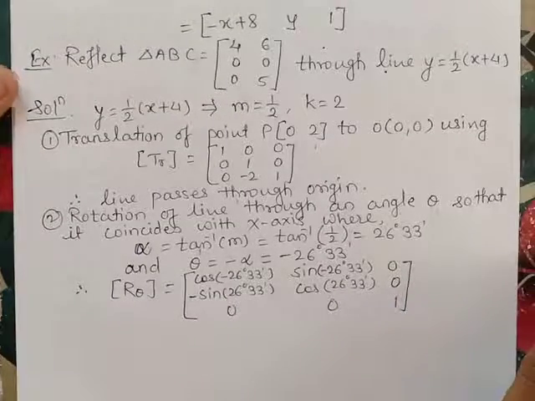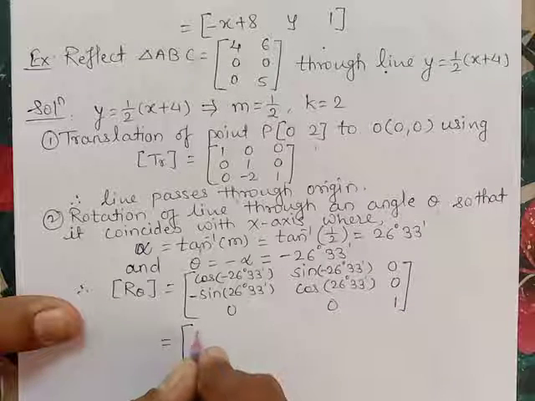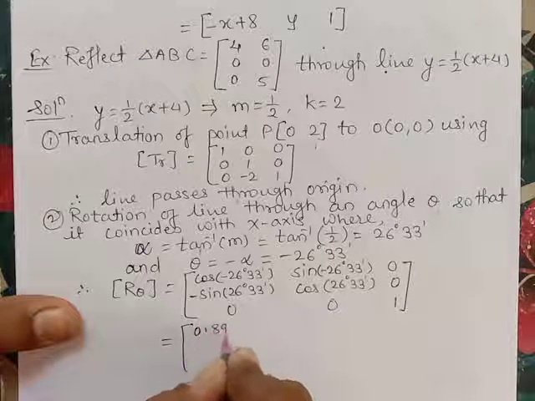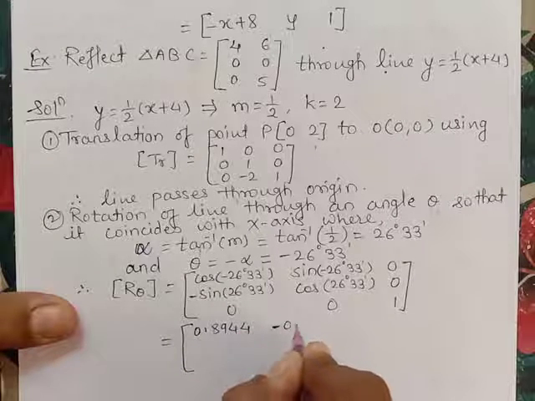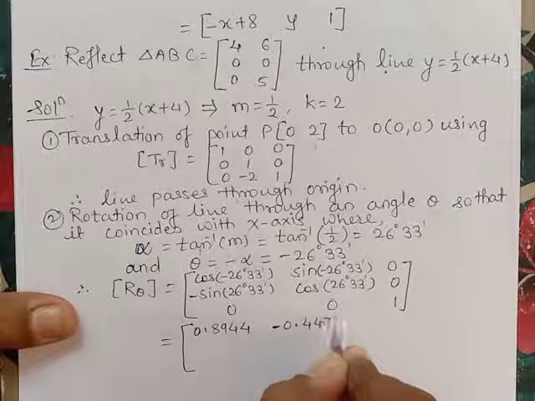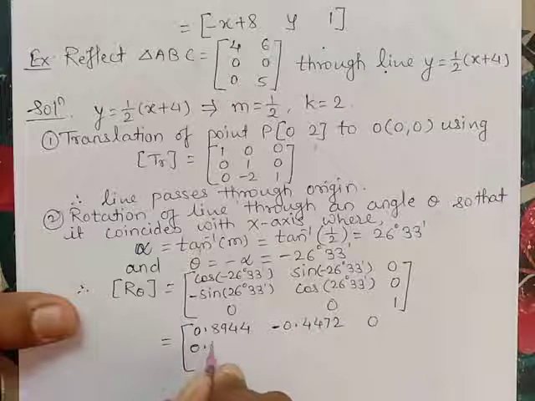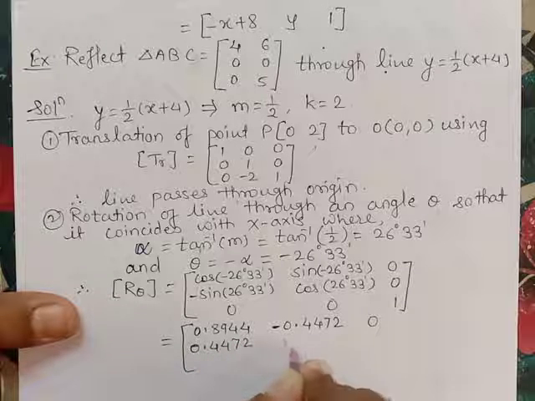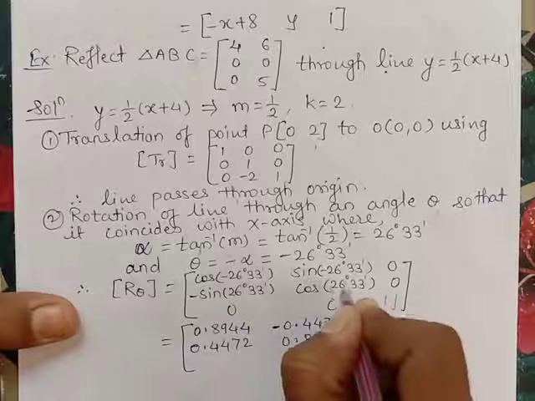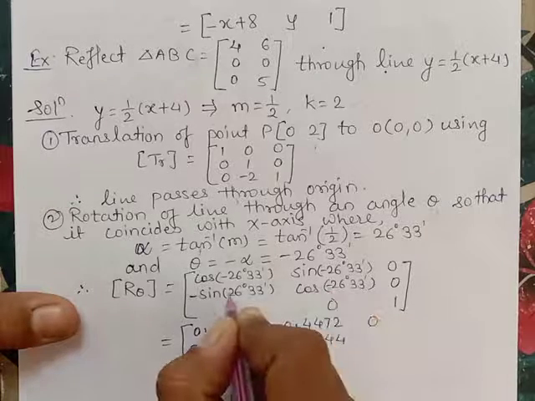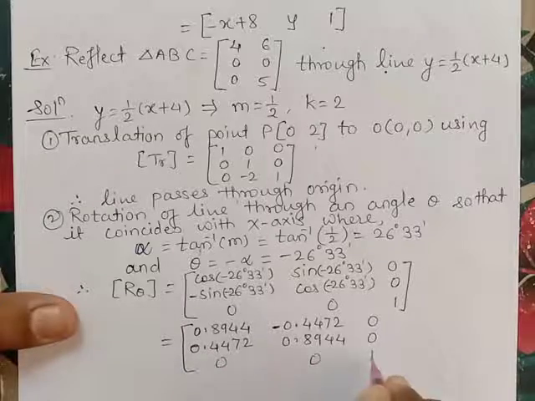And that matrix is 0.8944, minus 0.4472, 0; 0.4472, 0.8944, 0; 0, 0, 1. Here the sign of the second entry is negative, sorry.